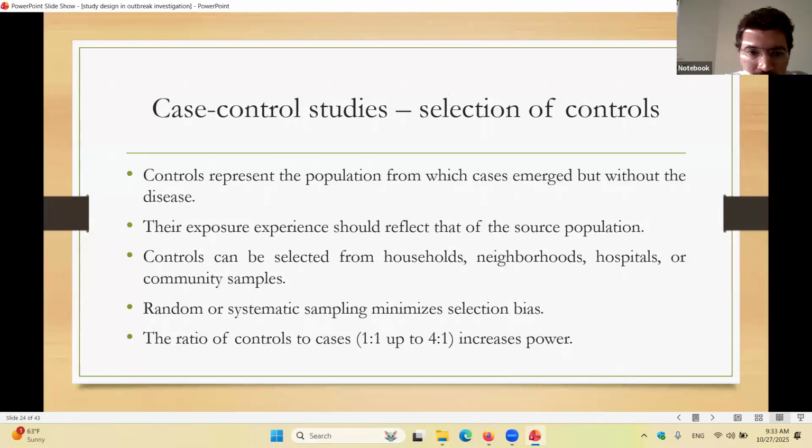And controls can be selected from households, neighborhoods, hospitals, or community samples. Random or systematic sampling minimizes selection bias. And another point is that the ratio of controls to cases is 1 to 1 up to 4 to 1, which increases the statistical power of studies.